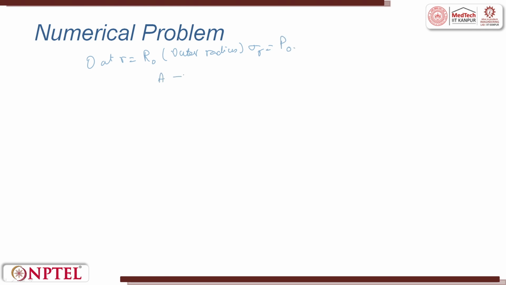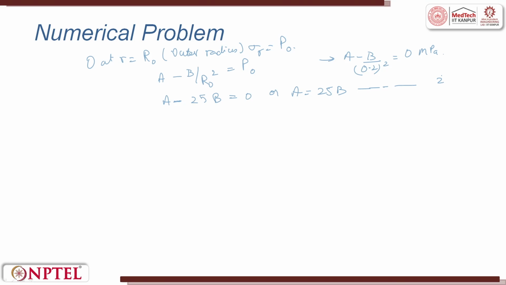So A minus B by R naught square equal to P naught, which is nothing but A minus B by 0.2 the whole square equal to 0 MPa. So which is nothing but A minus 25B equal to 0, or A equal to 25B.